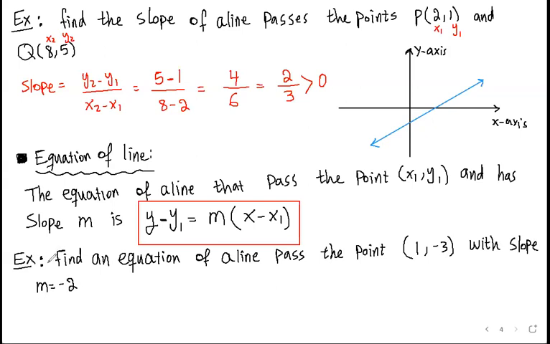This is the first example. Second example, with the same things, sketch the line. We'll do the first one. So first, I have a point and I have a slope. Just plug them into the formula. Who will do this?